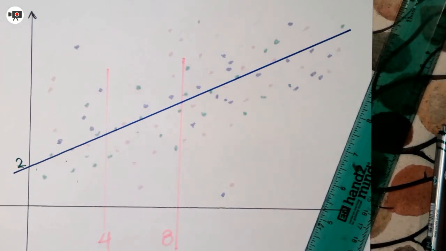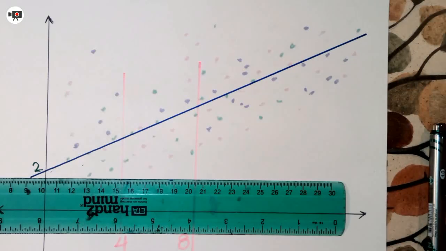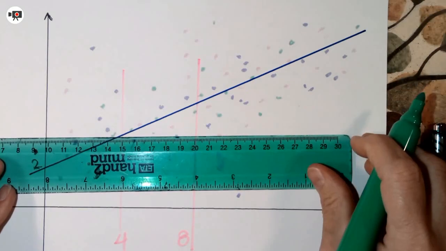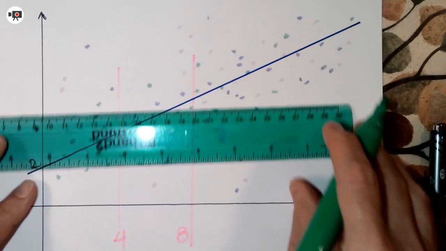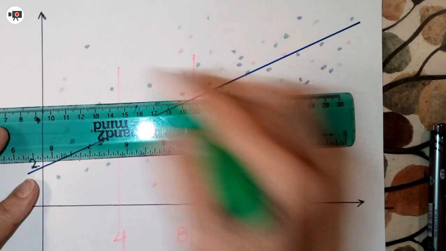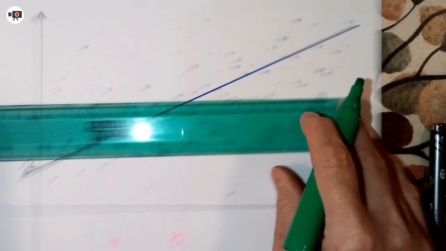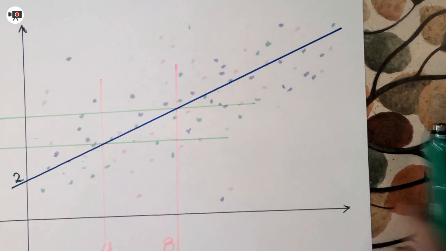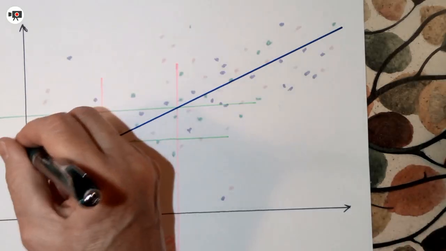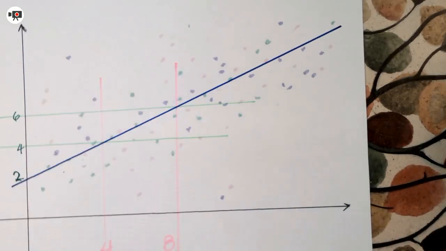And I look and see where that goes on the y-axis to find out the point. So let's say this is at 4 and this is at 6. Okay?